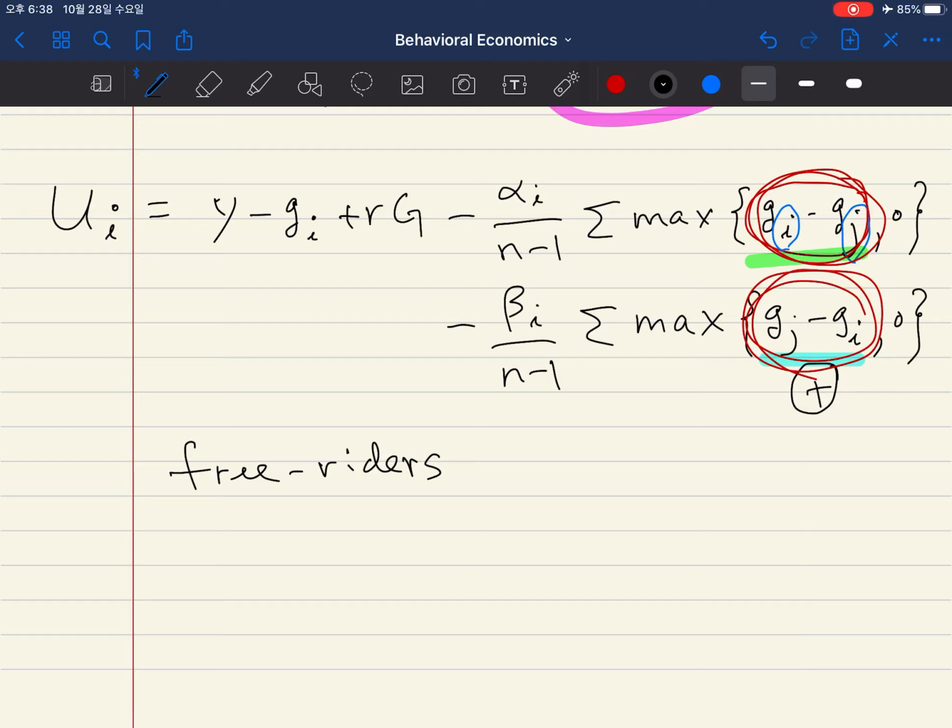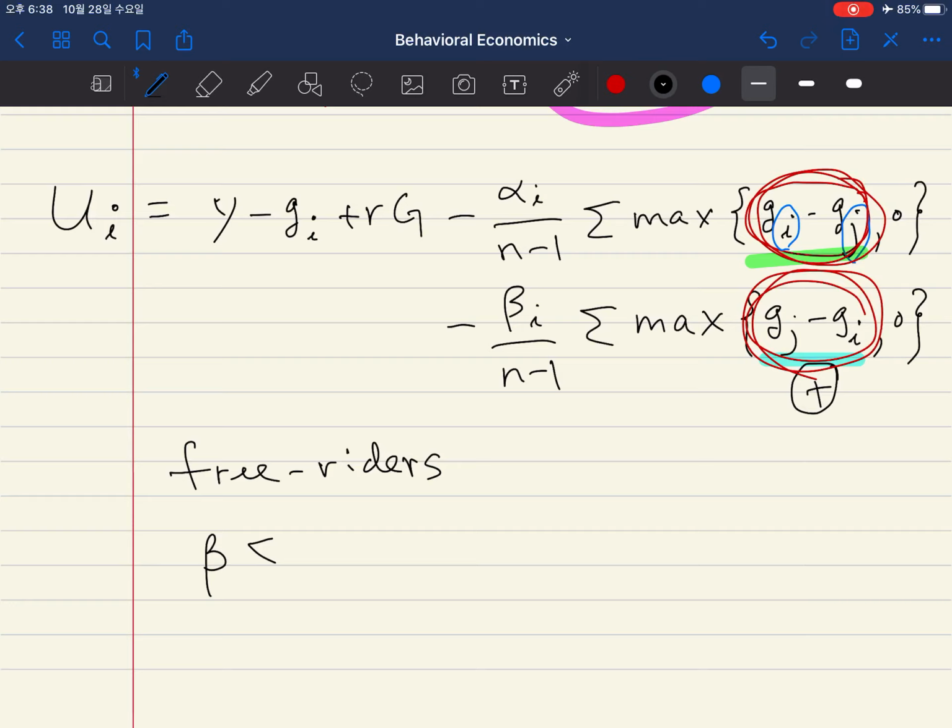So one thing we can say is if beta is very small, so if we can identify those individuals with low beta parameters, then they are likely to be free riders in the public good game.